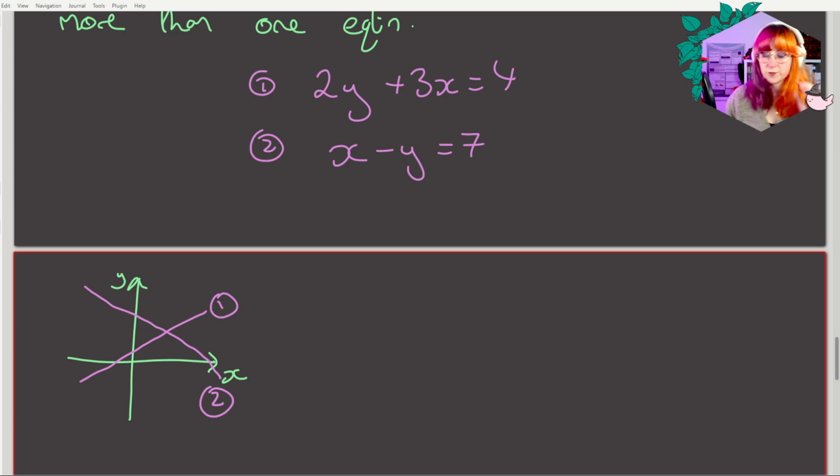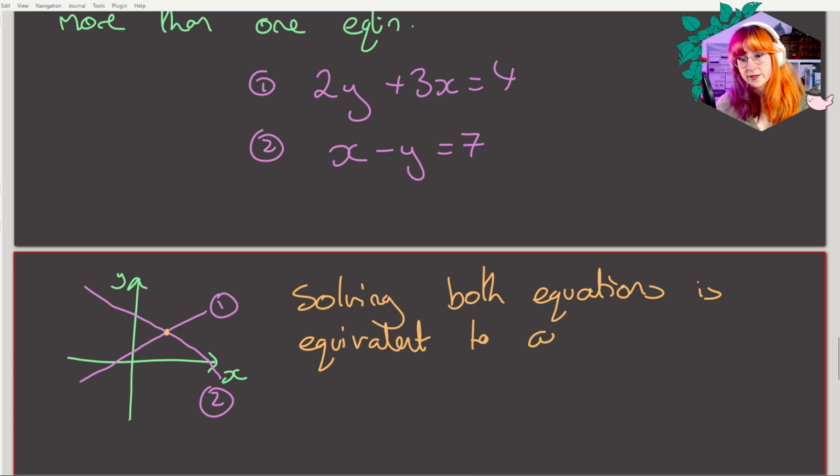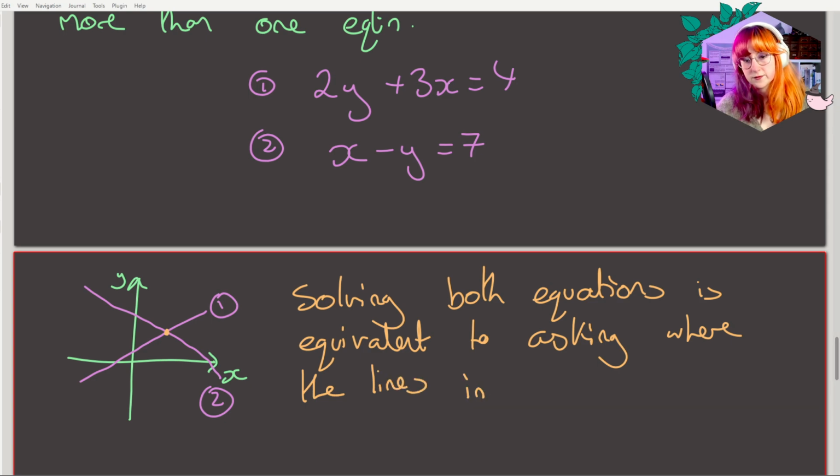If each line contains an infinite set of points, the points that are in both sets are precisely where they intersect. So solving both equations is equivalent to asking where the lines intersect. Okay?